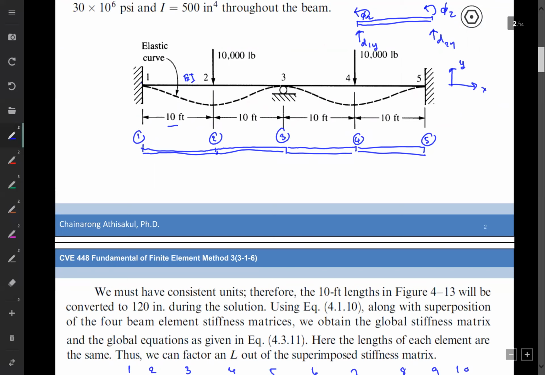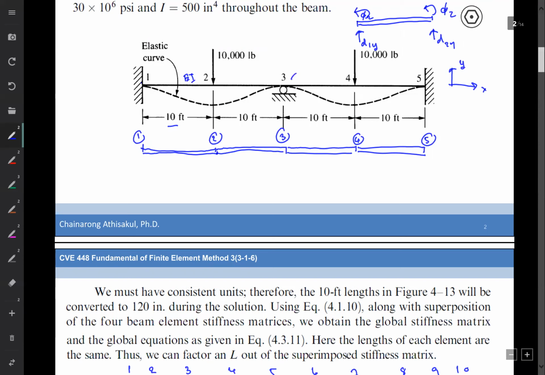For support number 1, D1 equals 0 and phi1 equals 0. For support number 5, D5 equals 0 and the rotation angle at node 5 should also equal 0.